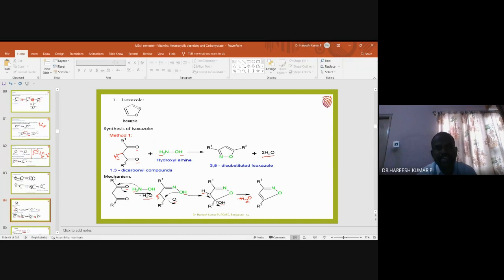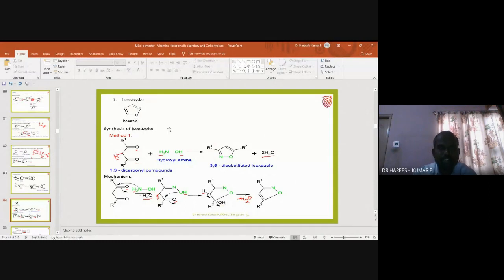So next I am taking isoxazole. If the oxygen and nitrogen are at the 1 and 2 positions in a 5-membered ring, it is called isoxazole. So how can one synthesize isoxazole?